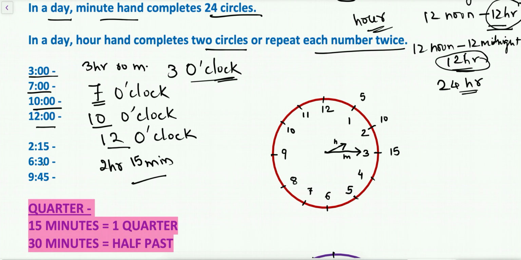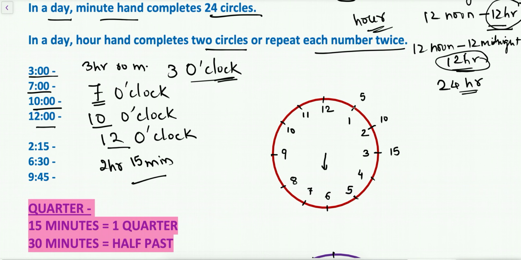Now 6:30. How will we read the time 6:30? This is 6 o'clock, so our hour hand will be here near 6, and it is 6:30.